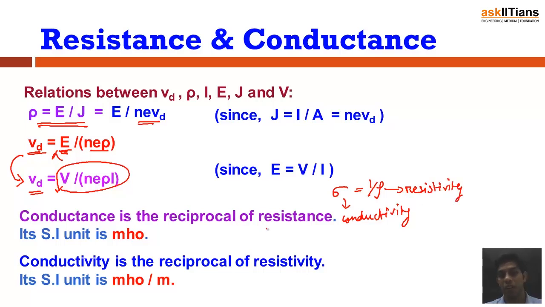It follows the same relation as that of resistance and conductance. The SI unit of conductance, as the irony suggests, is just the mirror image of resistance, that is mho. Same goes for conductivity: conductivity is mho per meter.